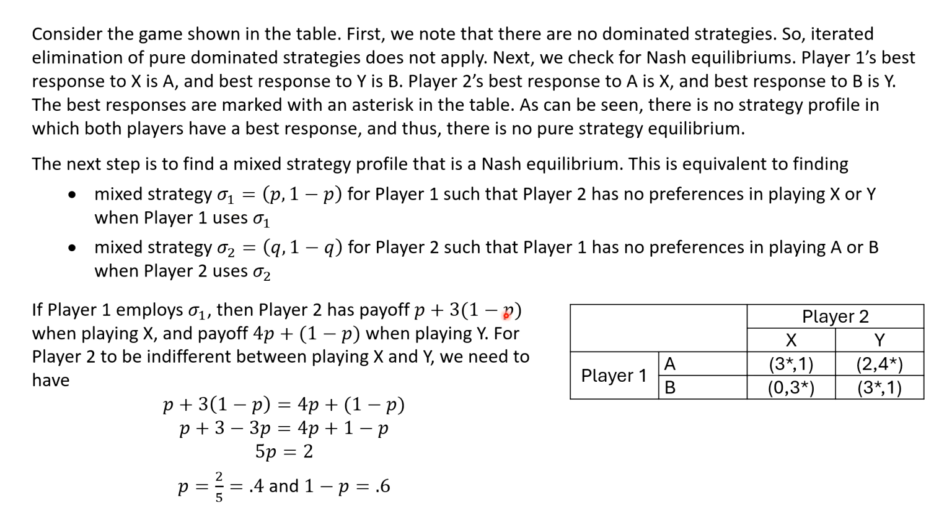So we want this to equal this, which is what I've said here. And then we just solve for P. Okay, so we get P equals 0.4 and 1 minus P equals 0.6. So we know what sigma sub 1 is in terms of mixed strategies. And then I'll go on to the next slide and we'll do the same analysis to find the probabilities for sigma sub 2.